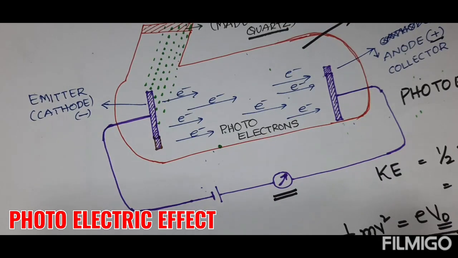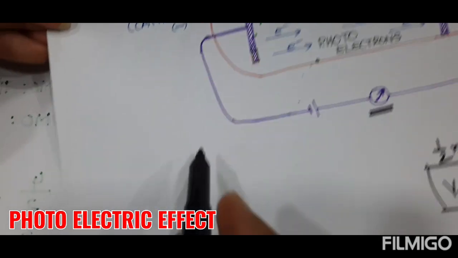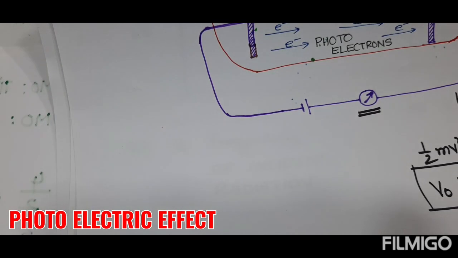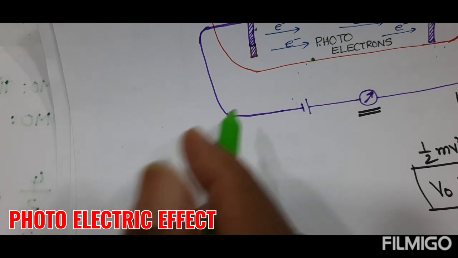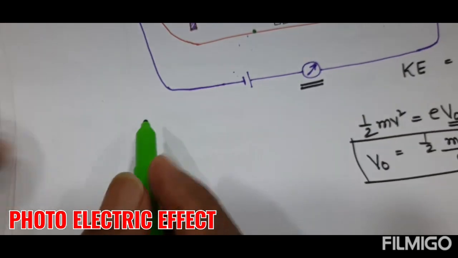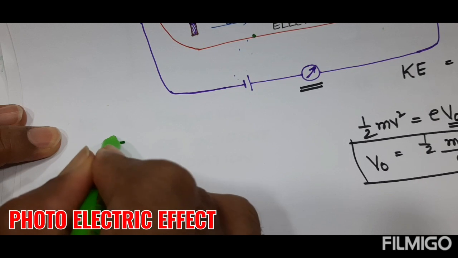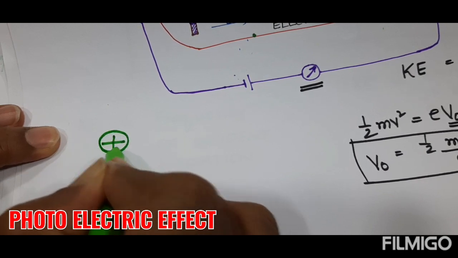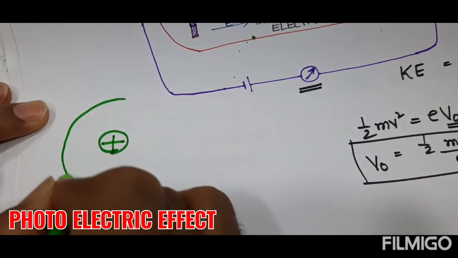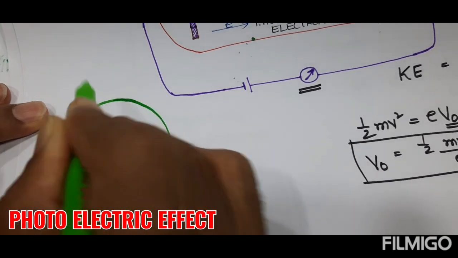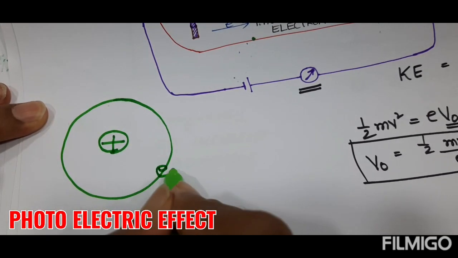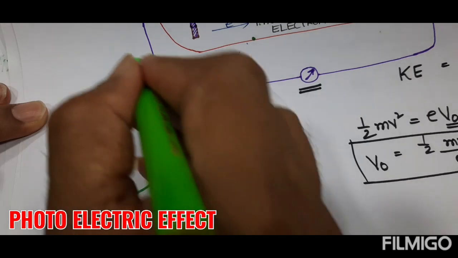And the mathematical relation, look at this. This is the nucleus. Assume it is the outermost orbit. Here an electron is there.